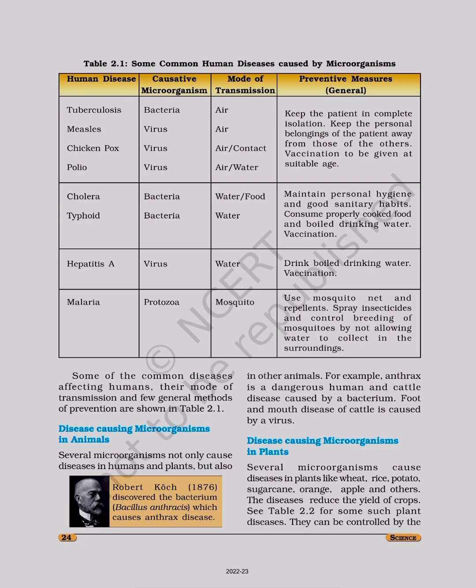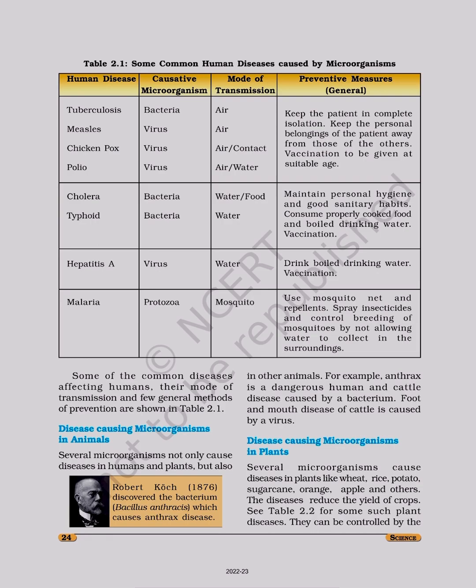Vaccination. Hepatitis A: drink boiled drinking water. Vaccination. Malaria: use mosquito nets and repellents. Spray insecticides and control breeding of mosquitoes by not allowing water to collect in the surroundings. Some of the common diseases affecting humans, their mode of transmission, and a few general methods of prevention are shown in Table 2.1.